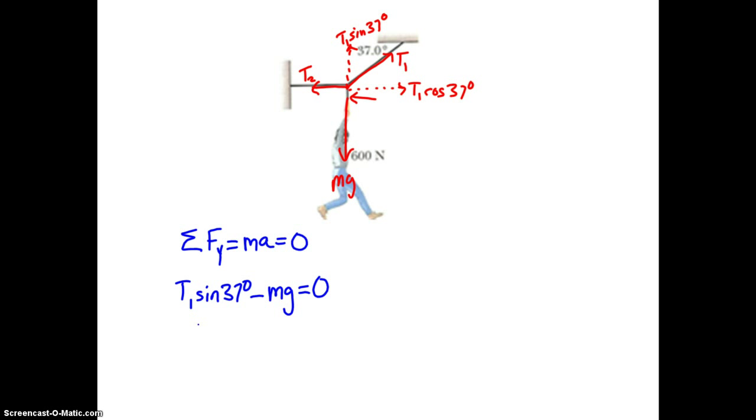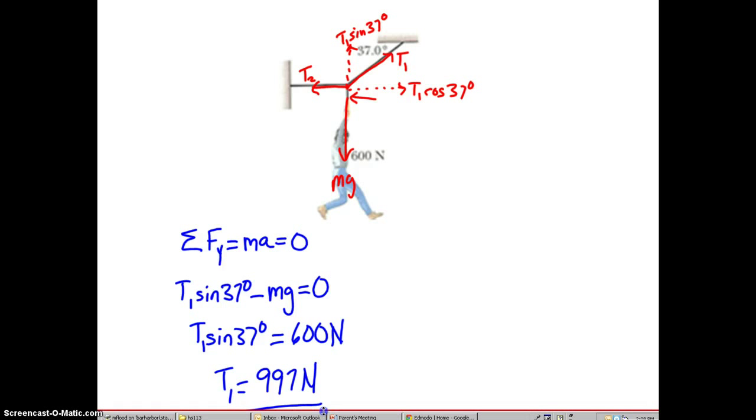So we have T1 sine 37 degrees, adding the weight to the other side, and we're told that the weight was 600 newtons. Solve for T1, and we get a value of 997 newtons.